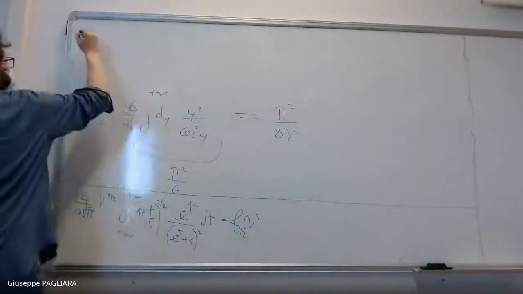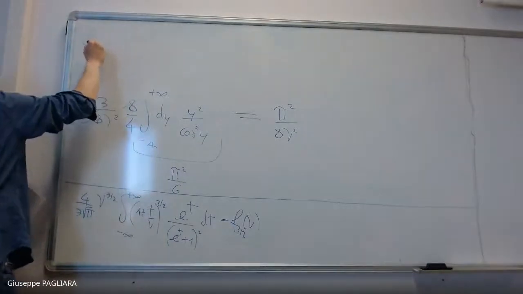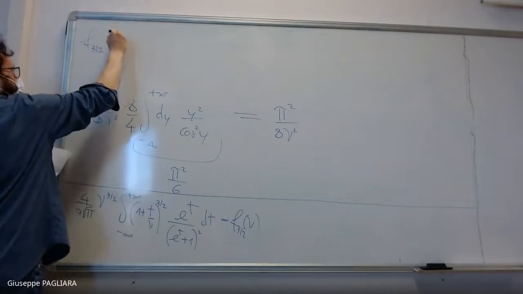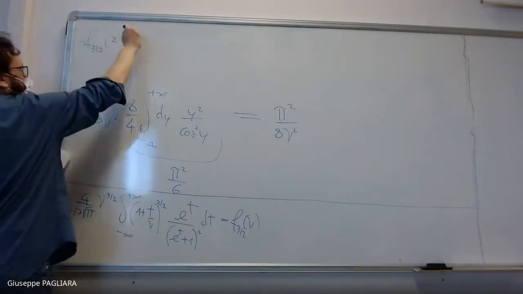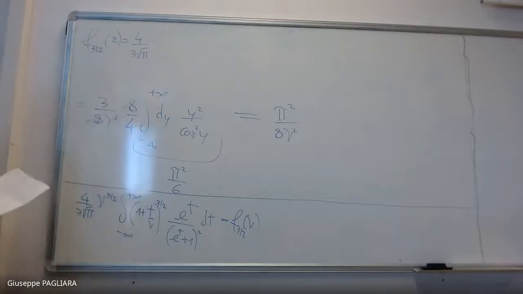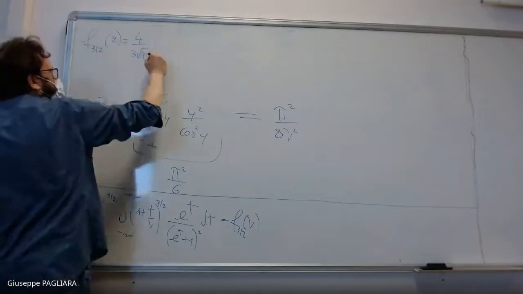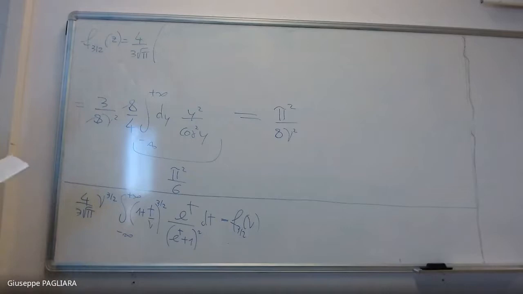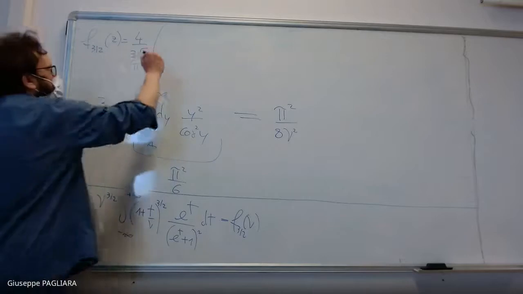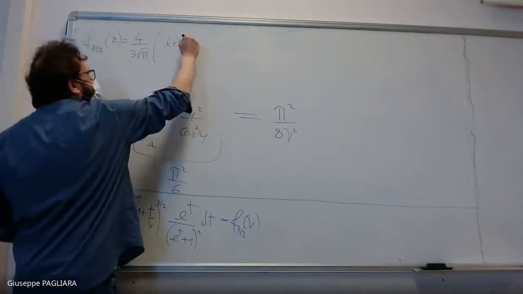So the F3 alpha of nu, or of z if you want, is equal to 4 divided by 3 square root of pi. Then I had here the first term, which was the term in nu, because the integral was equal to 1, and also the first term is the log of z to the power of 3 alpha.